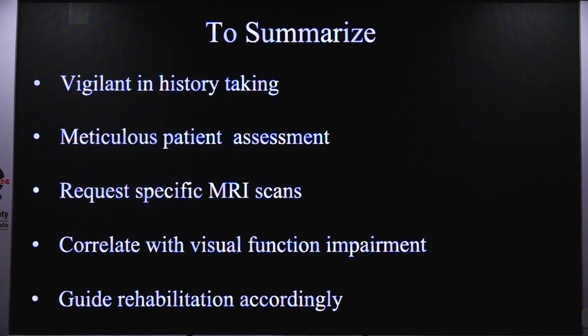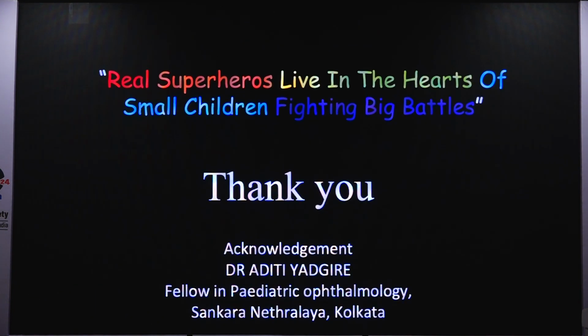So to summarize, we need to be vigilant in history taking, we need to be meticulous in patient assessment, giving time, request specific areas of MRI scan, correlate the scan with the visual function impairment, and guide the rehabilitation accordingly. Thank you.